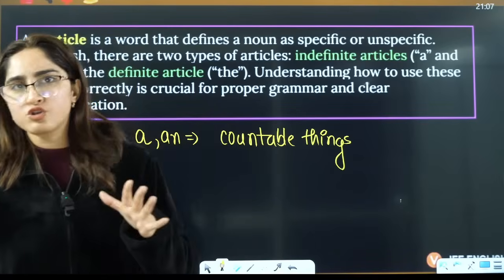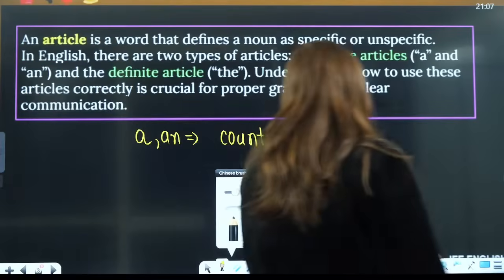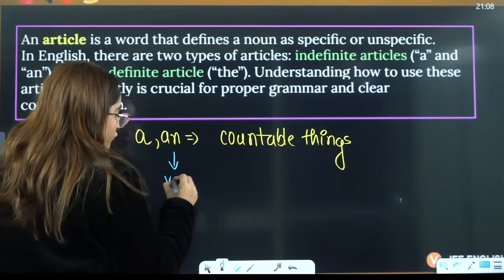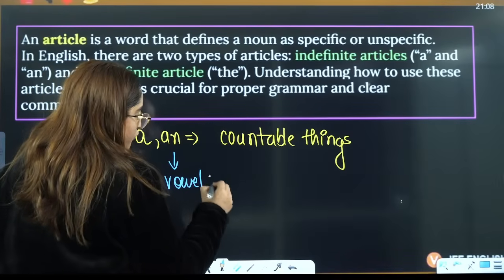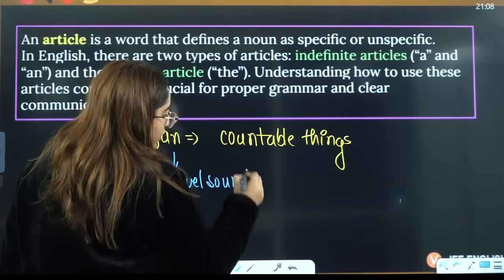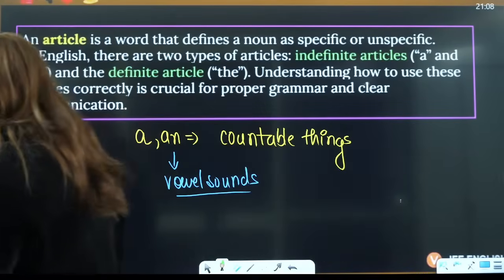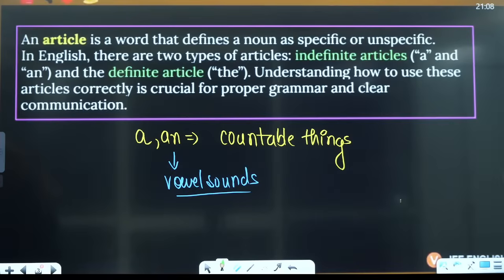And an is also the same thing, but an is used for vowel sounds. In front of vowel sounds, you use an. Now, ma'am, what are these vowel sounds? Repeat after me.